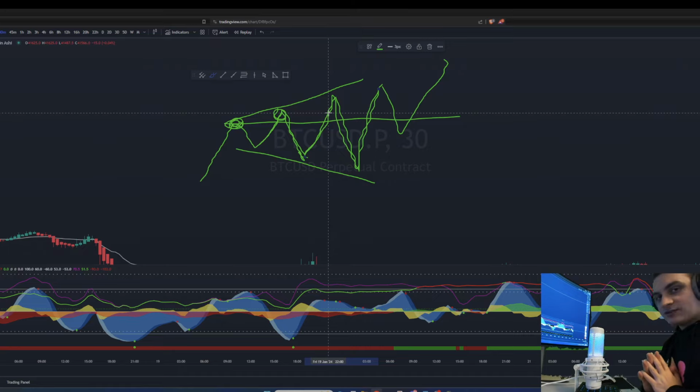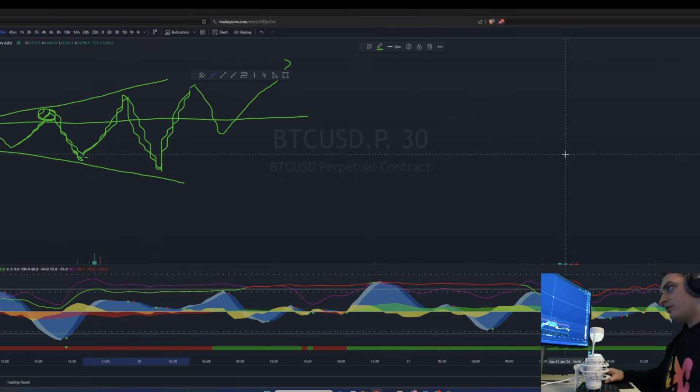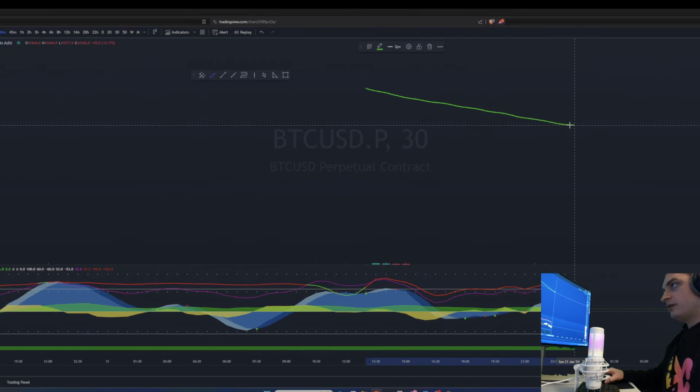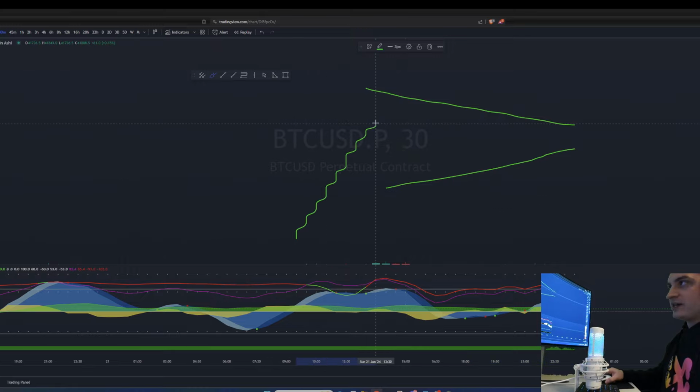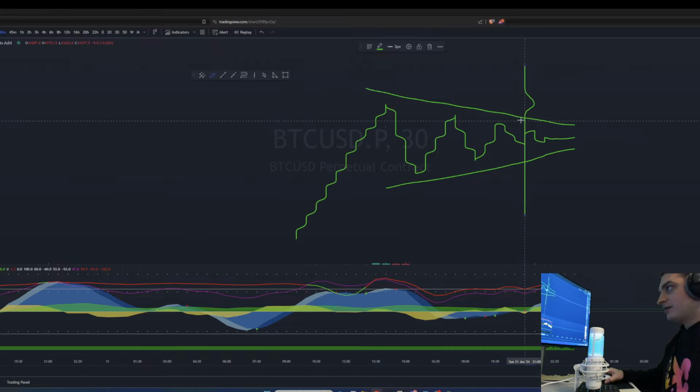It's a great pattern to understand, and it's kind of the opposite of the traditional symmetrical triangle pattern, where you'll see the price come up like this and it'll ping around like this. And it comes to a consolidation, and in the last 30% or so of that triangle, you'll get the breakout either up or down right there.